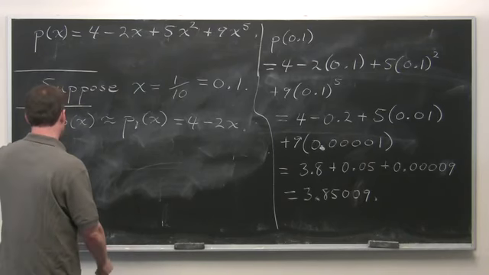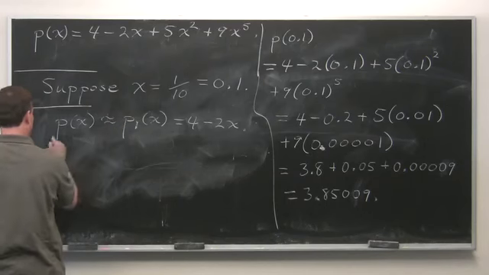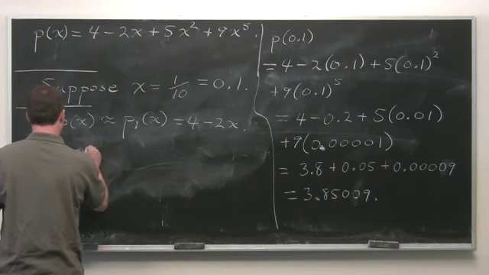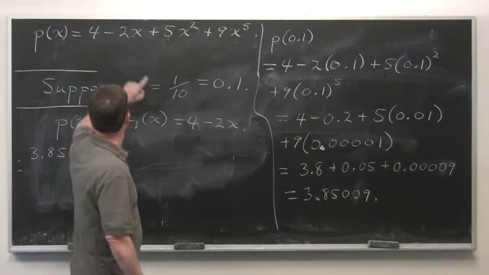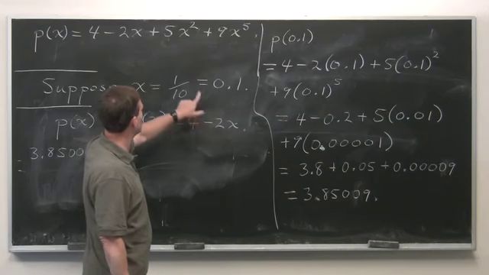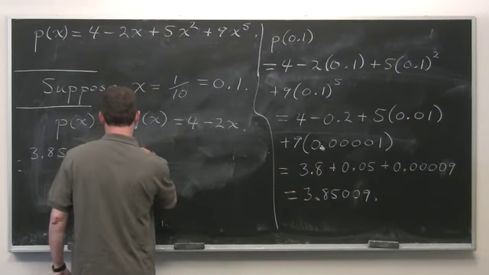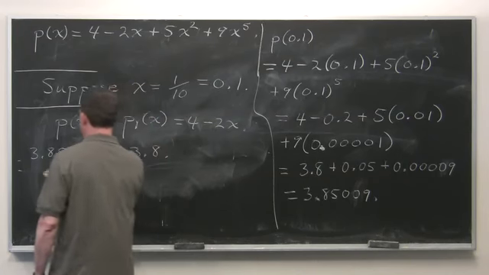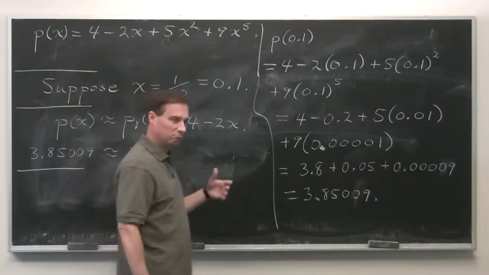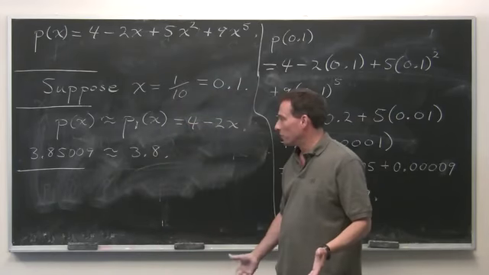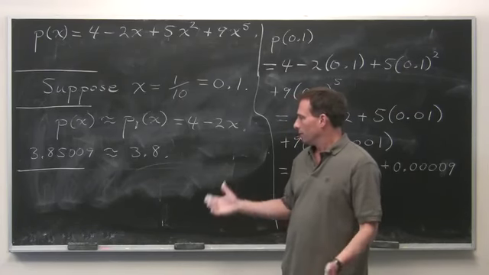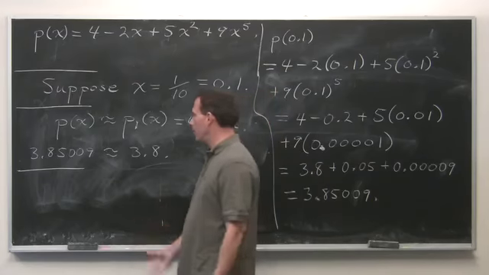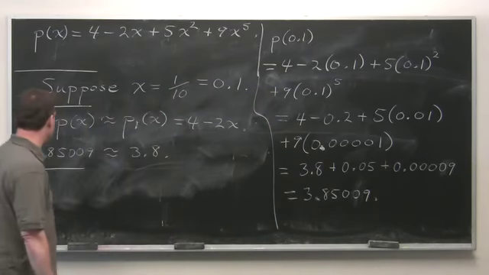Well, how reasonable is reasonable? Again, when x is a tenth, we know this side. We just figured it out. It's 3.85009. This side, you just take 4 minus 0.2. So this side is 3.8. How good is that approximation? Well, it's within 0.05009. Again, good for a lot of purposes, not as good for other purposes.